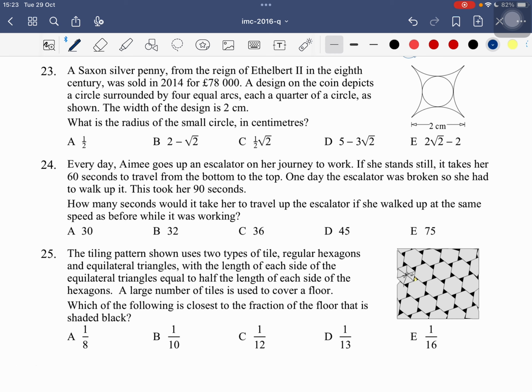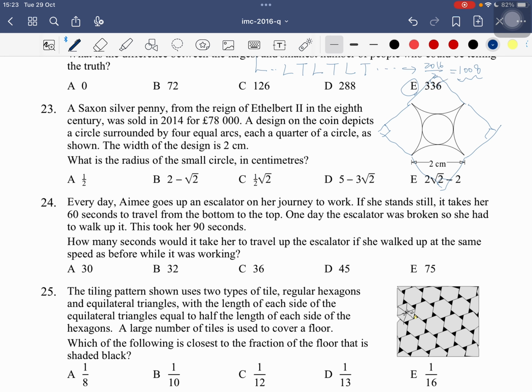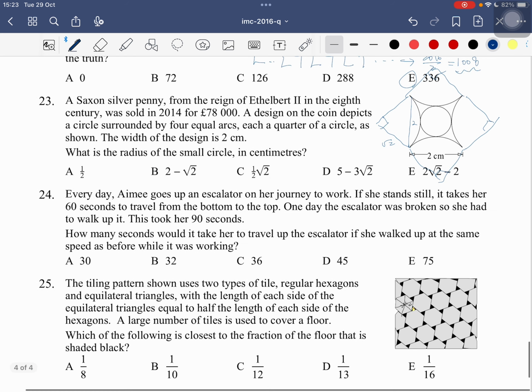So number 24. This is penny design for equal arcs, quarter of a circle, so like this. Let's say, and radius of the small circle in centimeters. This is 2. Then this should be square root of 2. And this is square root of 2.